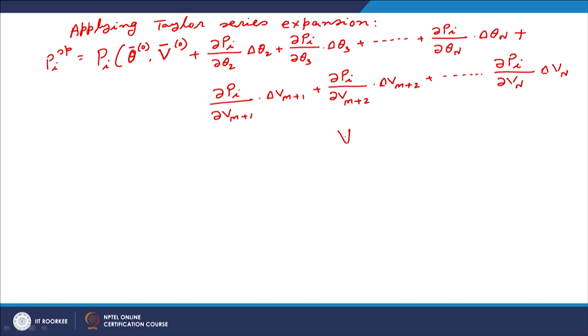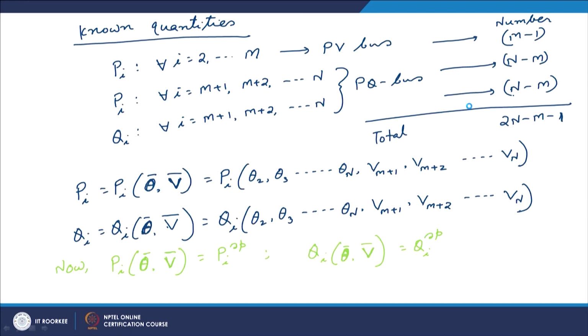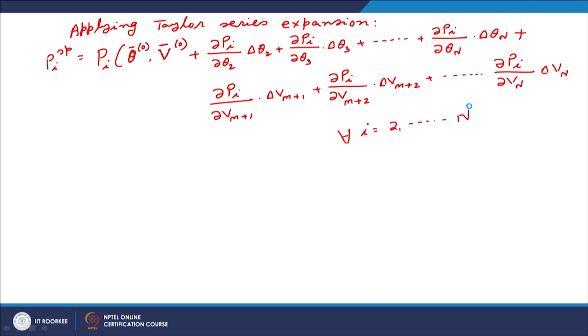This equation would be for all i equal to 2 to n, because Pi is specified for 2 to n. So, if I apply this Taylor series expansion to the equation of Pi, we get this, and theta 0 and v 0 are the initial conditions.